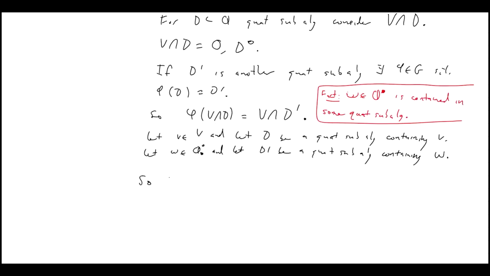So by the above, sorry, let me just say what we're doing again. We want to show irreducibility, so we're taking something in V and something which is in the trace zero elements. We're just going to map one to the other, assuming that V is non-zero. We have these two quaternion subalgebras, and we can find some automorphism which takes D to D prime.